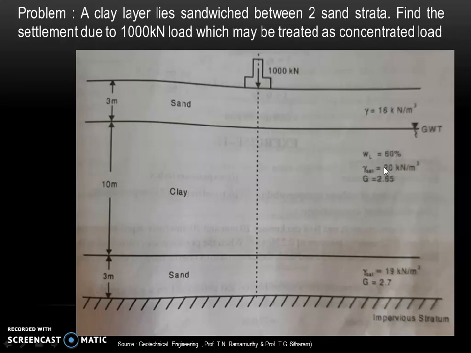So the value of saturated unit weight is given. We need to find out the submerged unit weight while finding the initial stress, that is sigma naught. And the properties for the sand are given as saturated unit weight 19 kN per cubic meter and specific gravity 2.7.